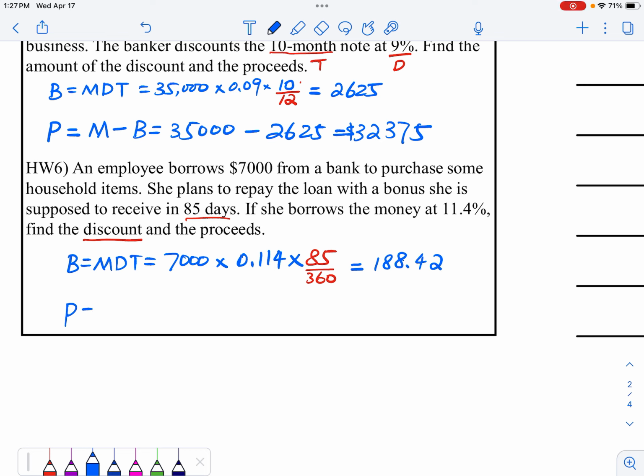So the proceeds will be the maturity value minus the bank discount. So 7,000 minus 188.42, which becomes 6,811.58. So she will only receive $6,811.58, but 85 days later she'll pay back 7,000 to the bank.